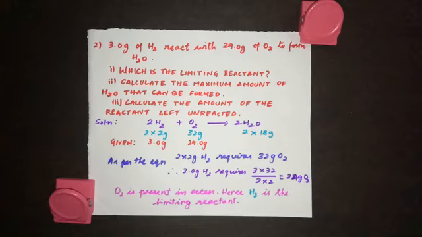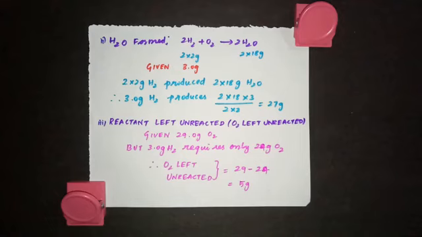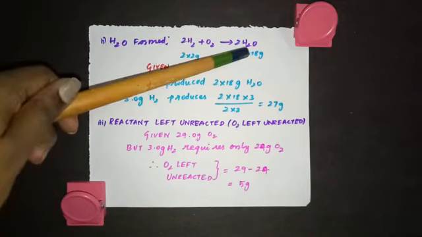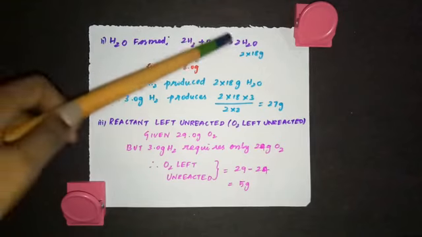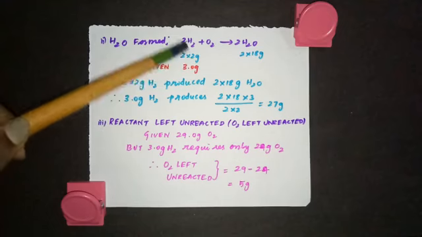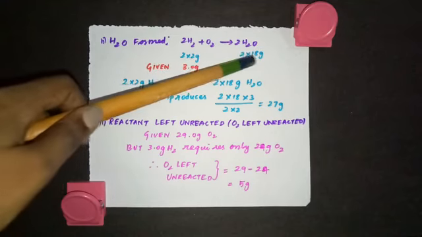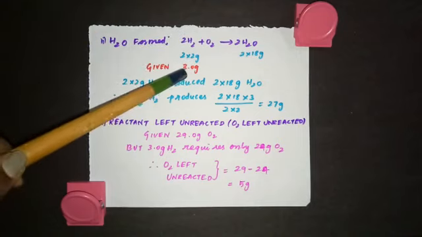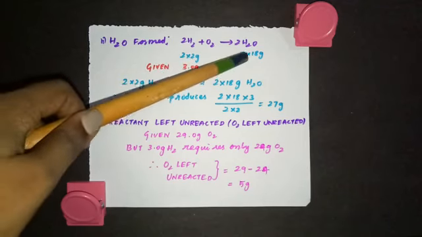So now let's calculate the amount of H2O produced. So let's take the equation again. 2H2 plus O2 gives 2H2O. Now according to this equation, 4 gram of hydrogen produces 2 into 18 grams of water. Which is the limiting agent? Hydrogen. What is the amount given? 3.0 gram. So 3.0 gram hydrogen will produce what amount of water?